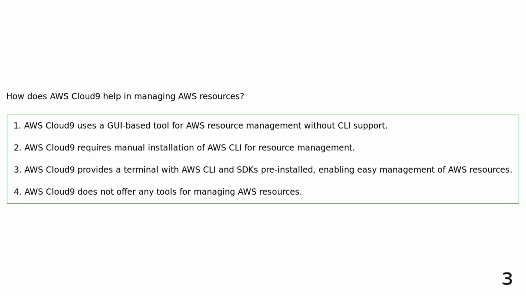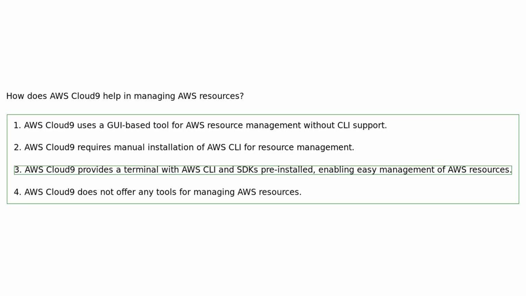AWS Cloud9 provides a terminal with AWS CLI and SDKs pre-installed, enabling easy management of AWS resources. AWS Cloud9 does not offer any tools for managing AWS resources. AWS Cloud9 facilitates resource management by providing a terminal pre-configured with AWS CLI and SDKs.